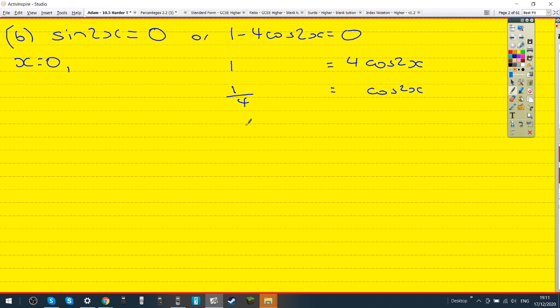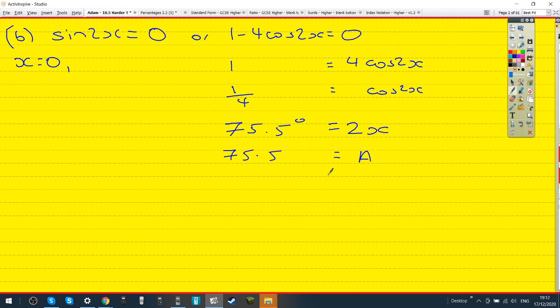So you inverse cos a quarter, which is 75.522 degrees. And then you divide it by 2, which gives you 37.8. Yeah, you would let that be equal to a. Then you'd get all your solutions.